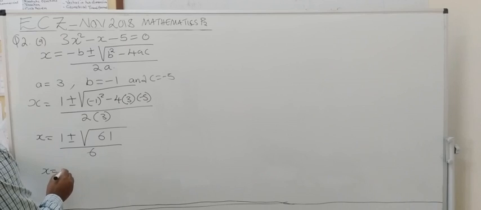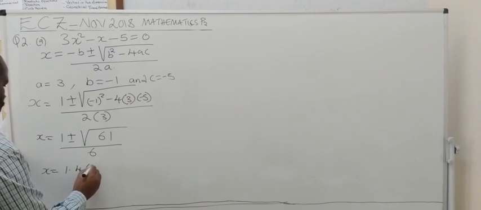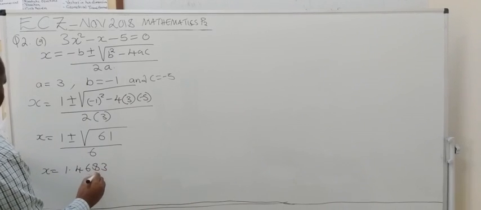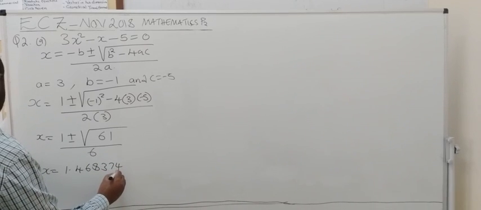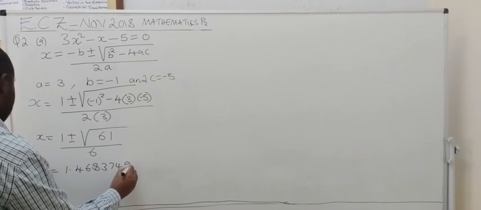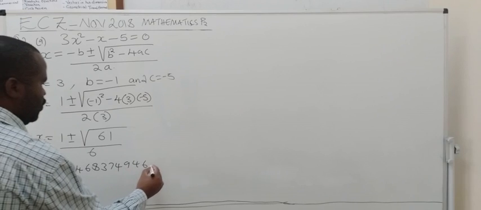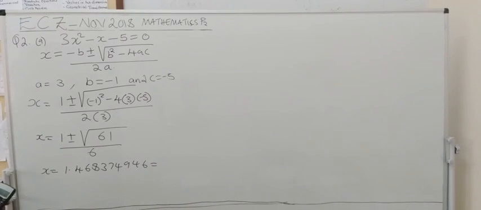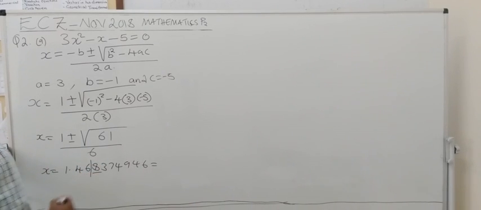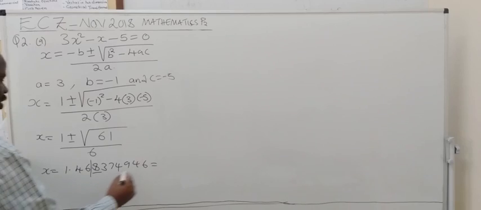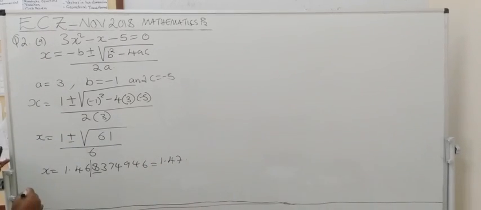So I've got 1.468374946. We can round this off to 2 decimal places. 1, 2, you cut here and consider this one as a 1. 1 plus 6, 7. So we've got 1.47 as the first value.